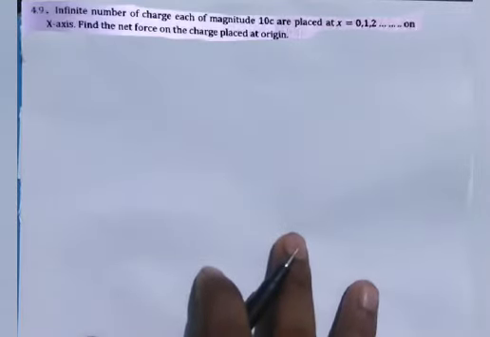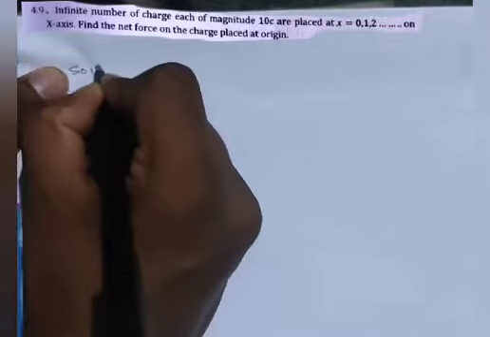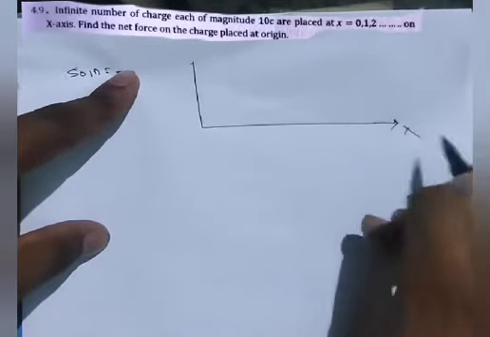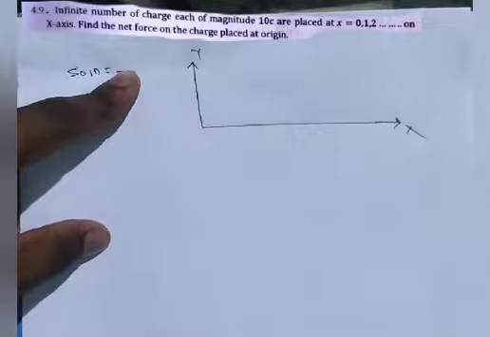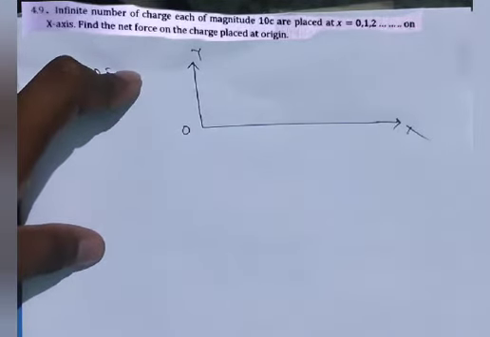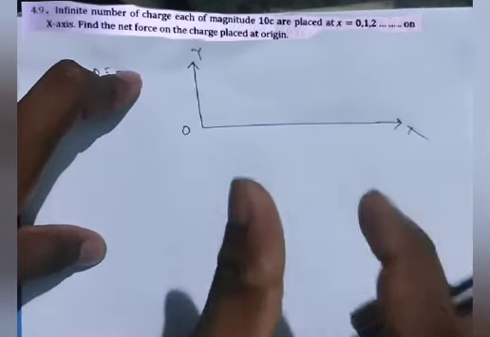An infinite number of charges, each of magnitude 10 coulomb, are placed at x equal to 0, 1, 2, and so on, on the x-axis. Find the net force on the charge placed at the origin. So, solution. This is my coordinate axis, this is my x-axis, this is my y-axis, and this is my origin. Infinite charges are placed on this x-axis at an interval of 1 meter.